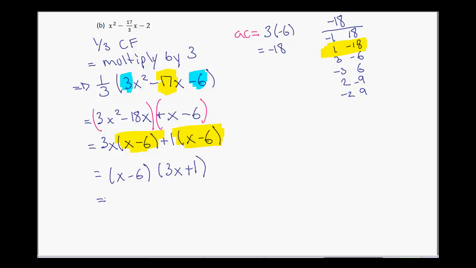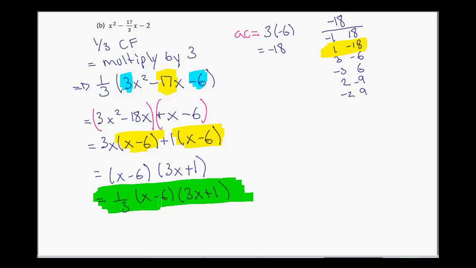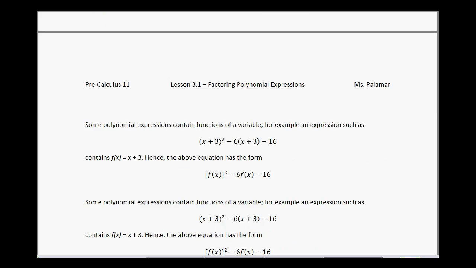But we need to include what we took out as a common factor earlier, which is 1/3 onto x minus 6 times 3x plus 1, leaving us with our final answer of 1/3 times x minus 6 times 3x plus 1. Do some more practice.